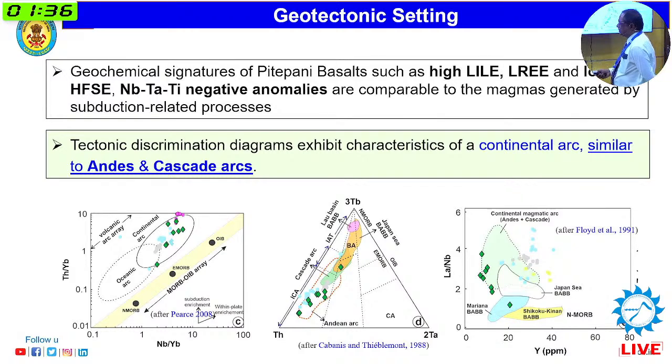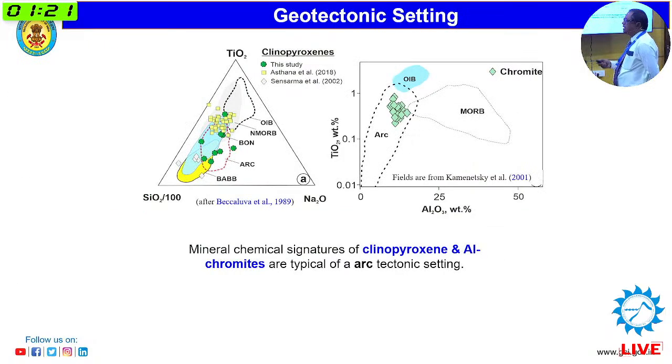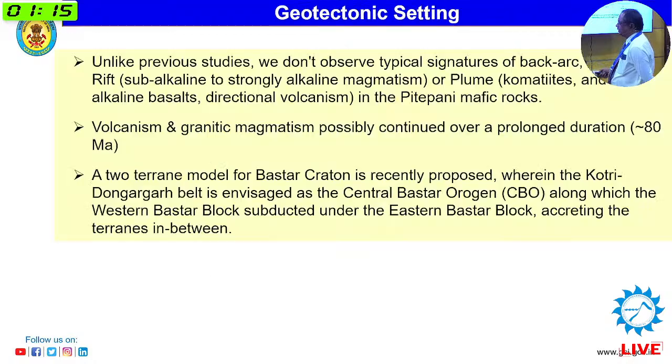So you can see all three diagrams are showing the same characters, and this is also supported by their multi-element plots. This is contrasting with OIB and more, whereas it is similar with the continental arc. The same thing is also implied from the mineral chemistry of the clinopyroxene as well as chromite.